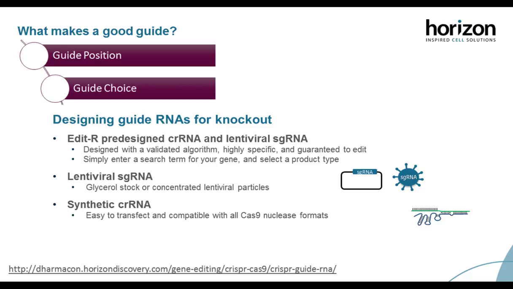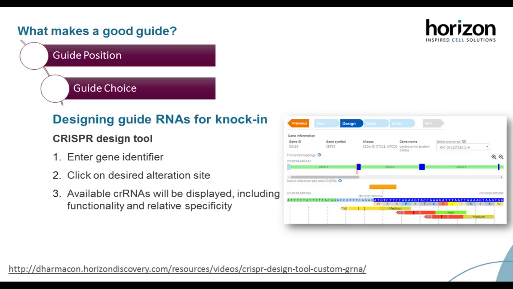It is a free design tool on our website, and it helps you choose the most effective guide RNA for your specific genomic space. You can use this tool to indicate where you want to make the cut with CRISPR Cas9, and then all the available guide RNAs will come up, ranked based on functionality and specificity.